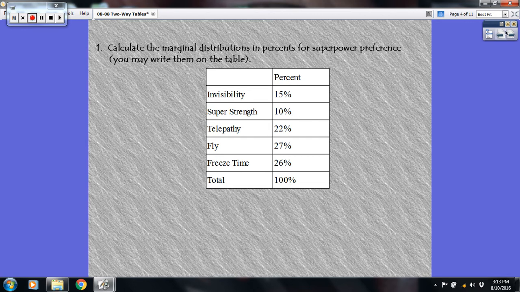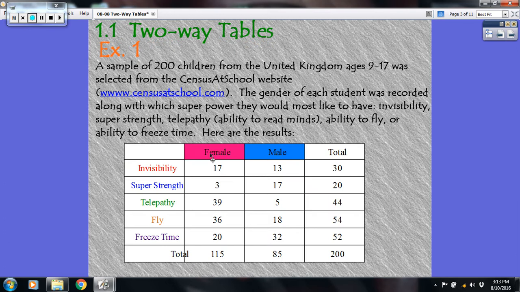Well, with the conditional distribution, we're not going to have one percentage column, we're going to have 2, and each one is going to represent a different categorical variable, namely, in this circumstance, female and male.